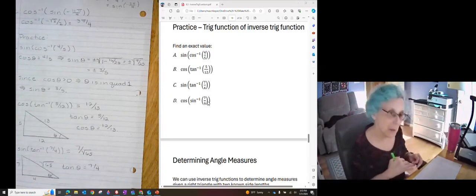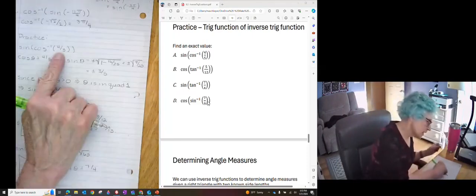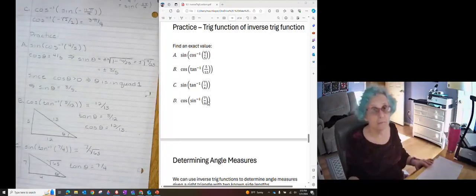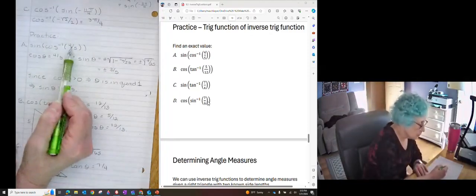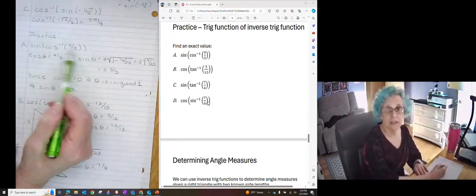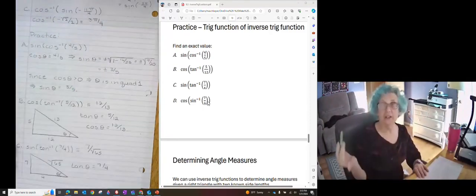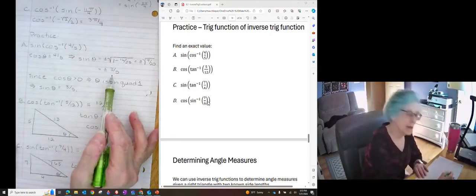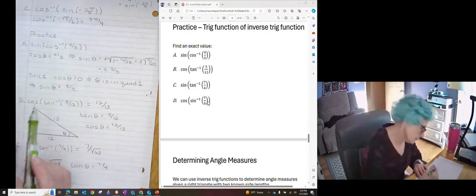So now we'll go back and talk about that. Since cosine is positive, that means we're in quadrant 1. We're taking the inverse cosine of something positive. That means that theta is in quadrant 1, so that means sine is also positive.